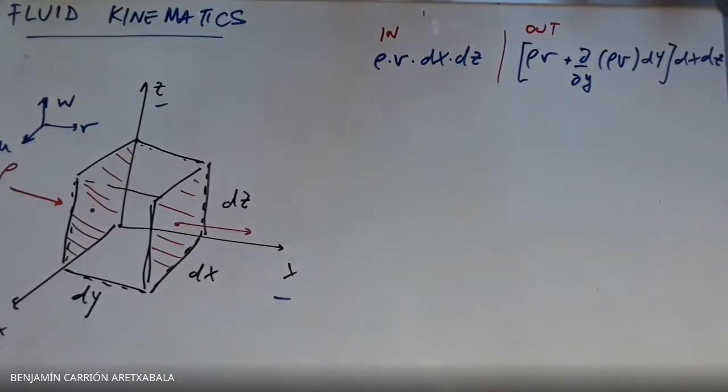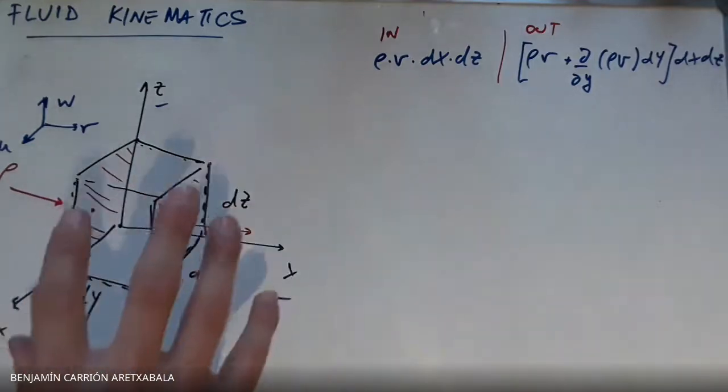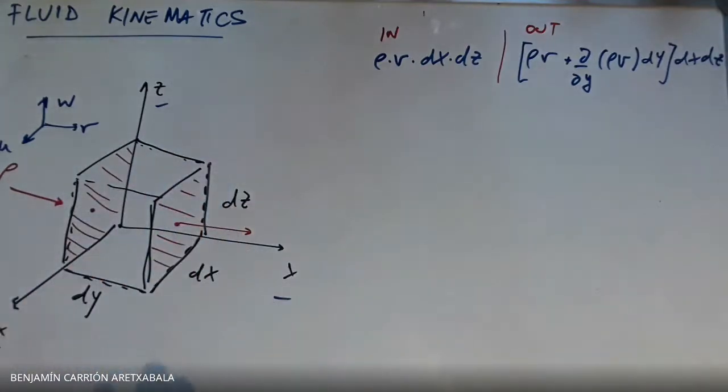Basically, what we're going to say is that the change of mass over time in this particular cube has to be equal to the change in flows, because mass is not being created anywhere in this cube. There might be cases where, for instance, if you're talking about bacteria, there is a reactive process in which bacteria increases proportional to the concentration of bacteria.